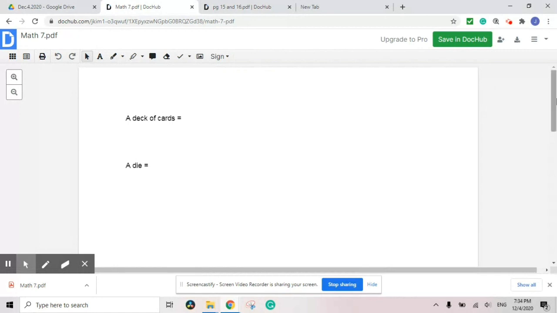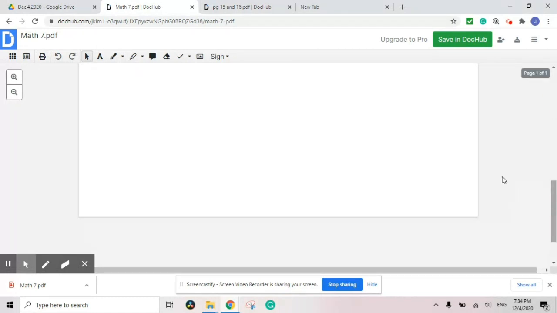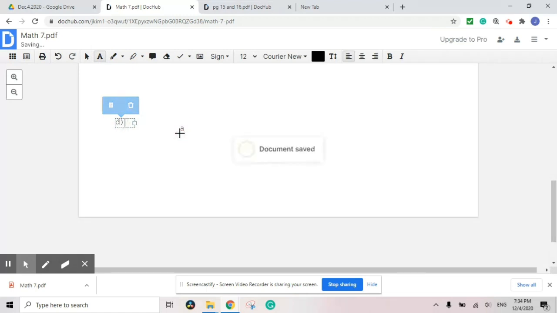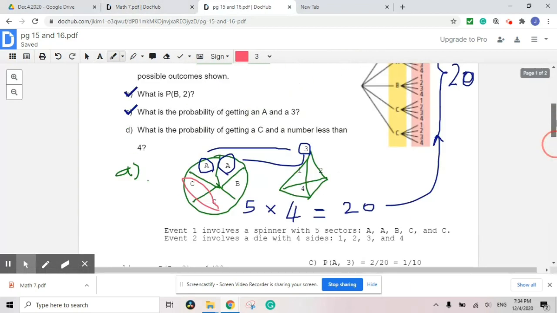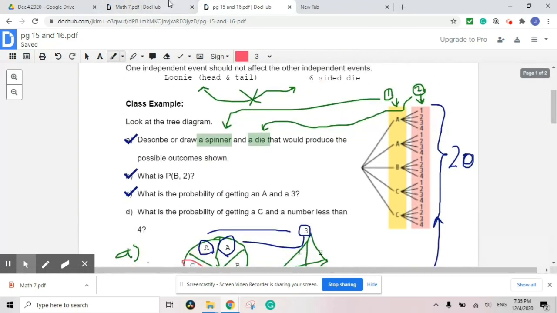If you don't mind, I'm going to quickly go to a blank piece of paper and do B over here. And the probability was having C and any number that was less than, I forgot, less than 4.